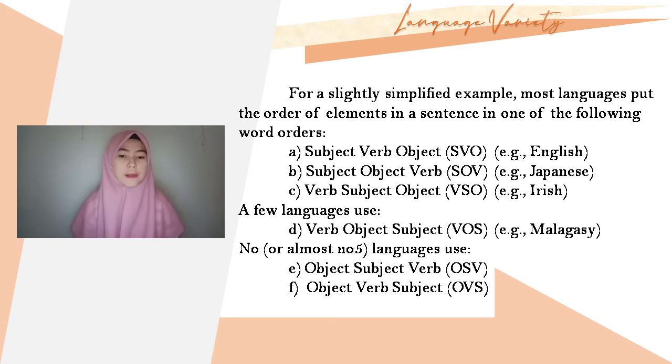C. Verb, subject, object, VSO. And a few languages use verb, object, subject, or VOS. And no or almost no languages use object, subject, verb, OSV, and object, verb, subject, OVS.